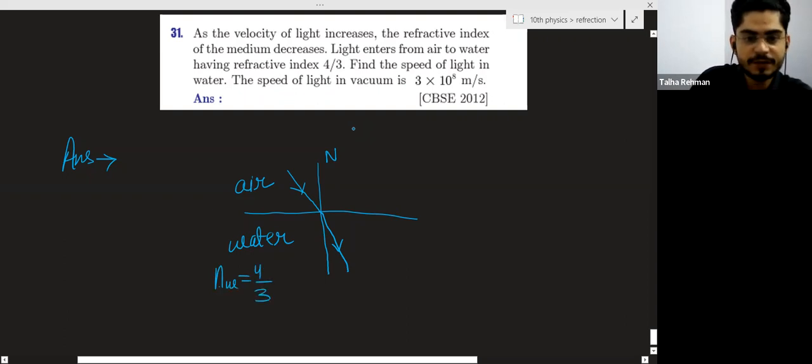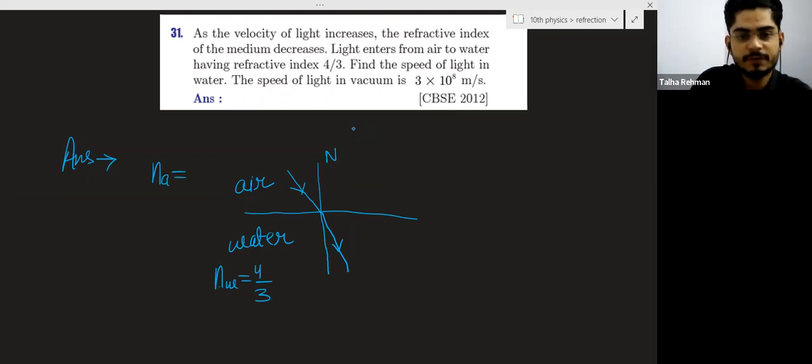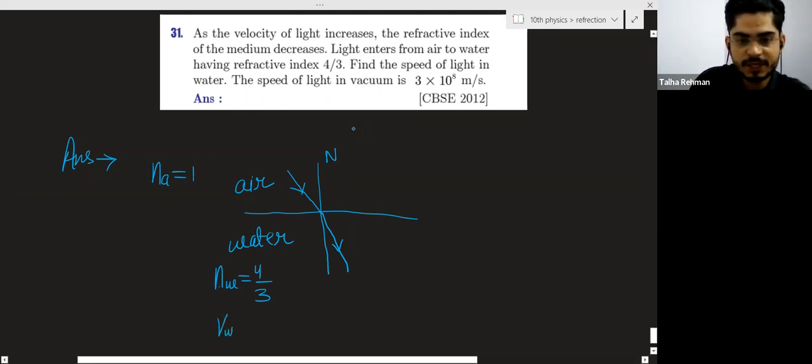And we already know that the refractive index of air we will take as 1. And they are saying find the speed of light in water. VW is the speed of light in water.